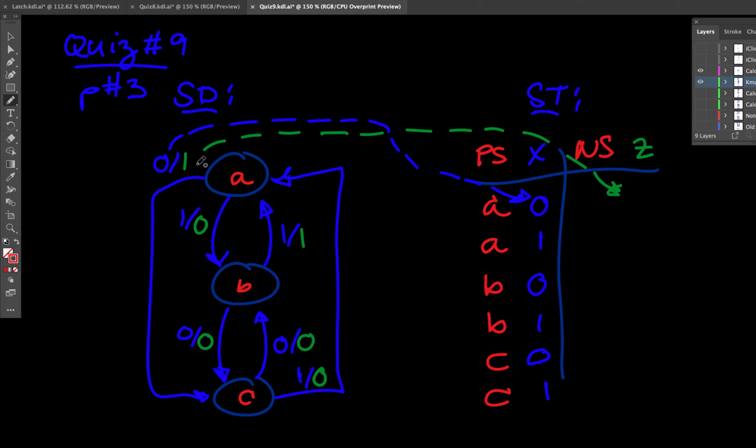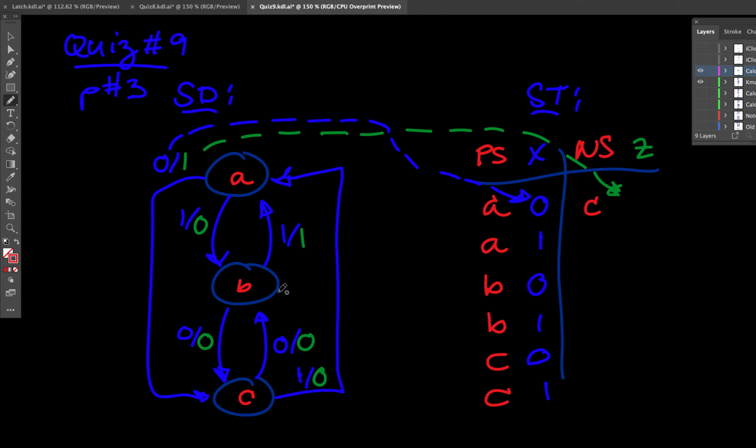Now, I've indicated where these are going to be located. All right? So A with a 0 means that 0 is located here, as shown by the dashed blue line. A going to C would be something I would write under next state. So let's go ahead and do that. I'm lucky that I had C or red already picked out.